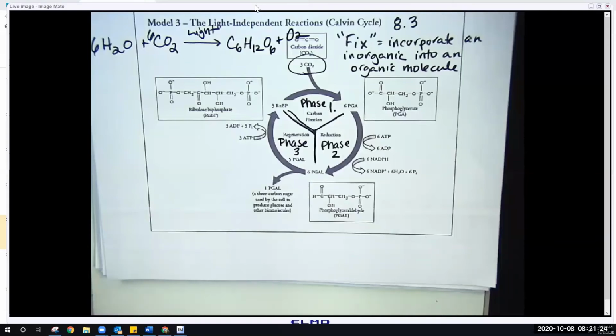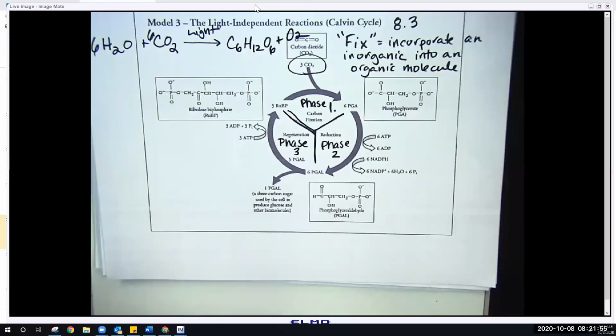We will also talk about fixation when we talk about the nitrogen cycle in Unit 8, a long way from now. But if you took AP Environmental, you know nitrogen fixation is when organisms take nitrogen gas from the air and incorporate that into their organic molecules. So that's the only thing that fixation means. It's always going to take some inorganic molecule from the atmosphere and incorporate it into its own biological organic molecules.